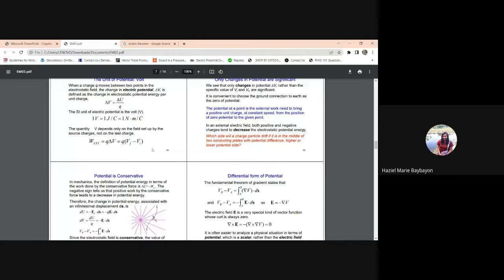Okay, so for example, kinsay naa diri? Si Rugin o si Julite. Okay, so for example, si Rugin, class, kay naa siya sa isa ka point in space and then nagdala siya og charge sa iyang bulsa. Okay, so Rugin is carrying a charge.